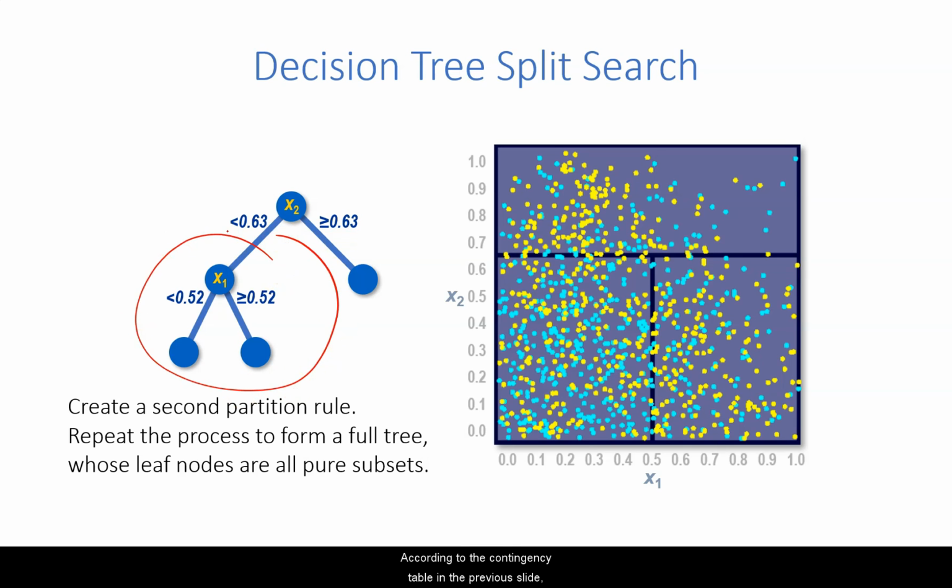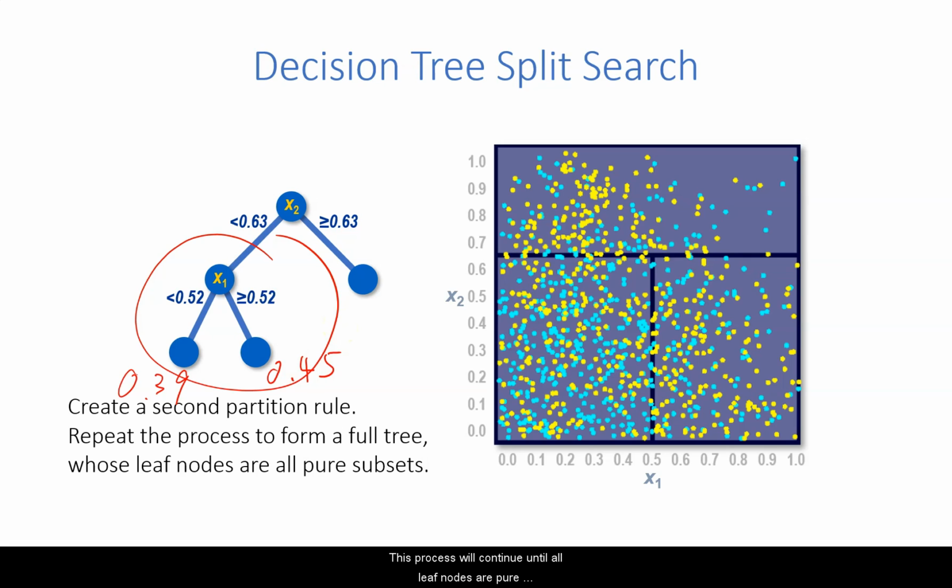According to the contingency table in the previous slide, the cases with x2 less than 0.63 and x1 less than 0.52 would have the probability of 0.39 to be yellow, whereas the cases with x2 less than 0.63 and x1 greater than or equal to 0.52 would have the probability of 0.45 of being yellow.